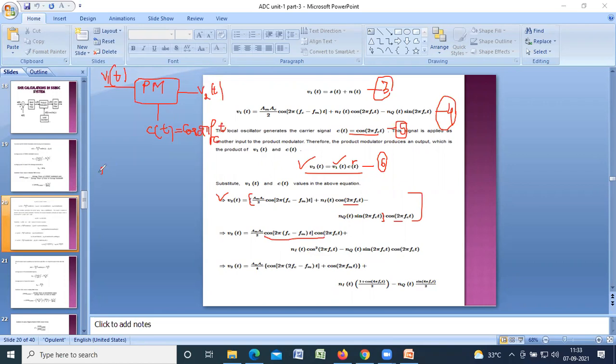What is the formula? 2 cos a cos b is equal to what? Any one of you? 2 cos a cos b is equal to cos(a+b) plus cos(a−b). Now since there is no 2 with it, the 2 will be divided on the right hand side. Are you getting my point? Yes.